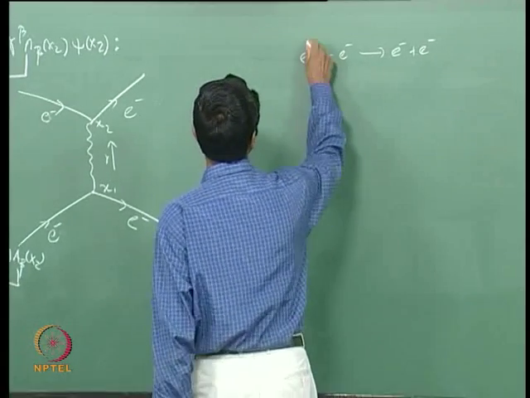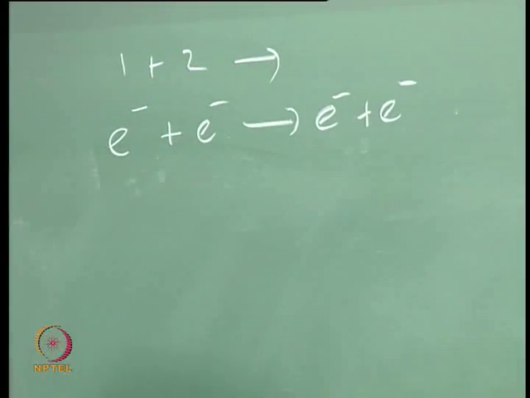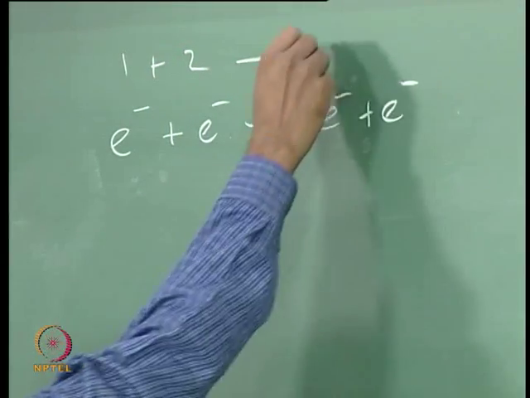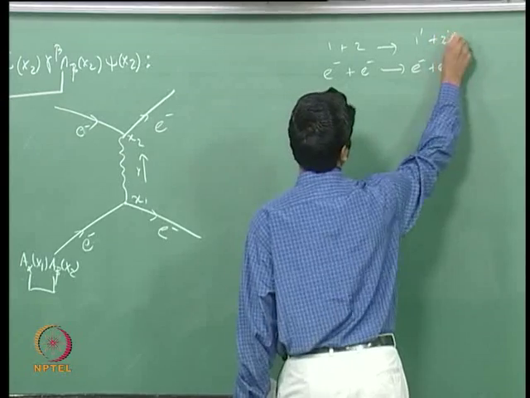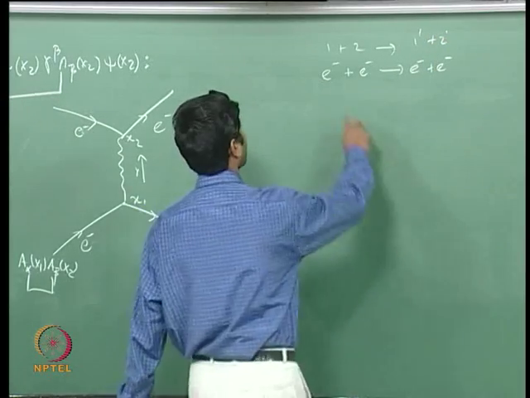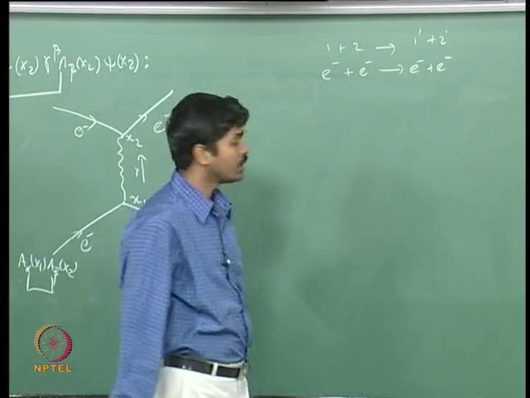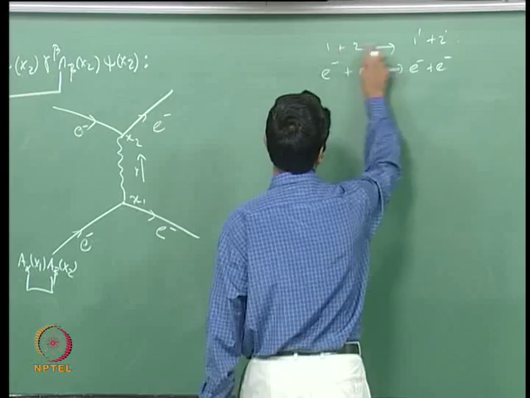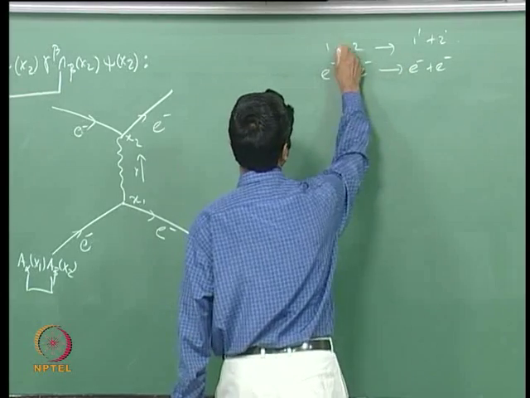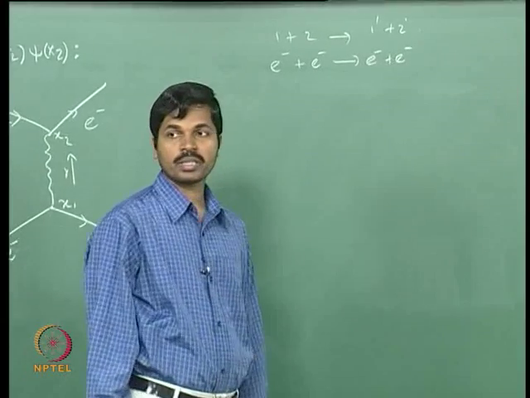Let us say this is electron 1 and this is electron 2. So electrons 1 and 2 go to electrons 1 prime and 2 prime. Instead of specifying their momentum and spin, I am just representing them by 1 and 2, 1 prime and 2 prime respectively.